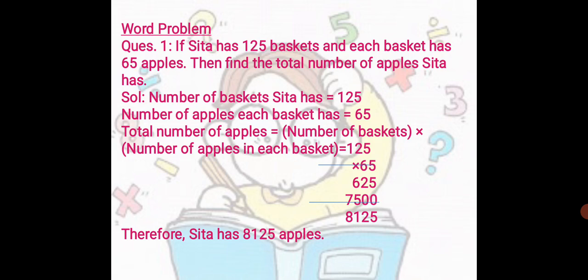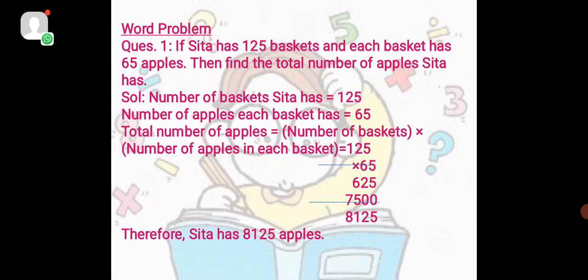Solution: number of baskets Sita has is equal to 125. This way we will write down our solution. Number of apples each basket has is equal to 65. Now how will we calculate the total number of apples Sita has?